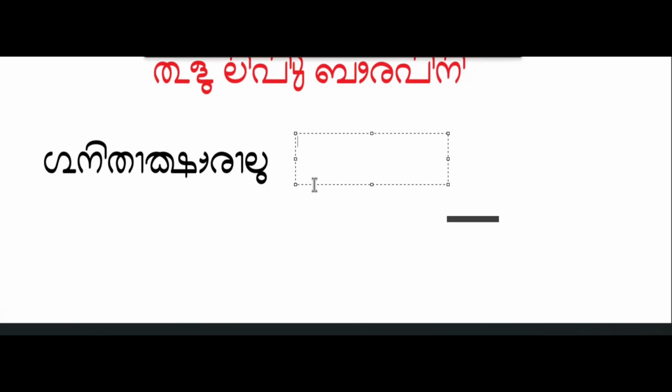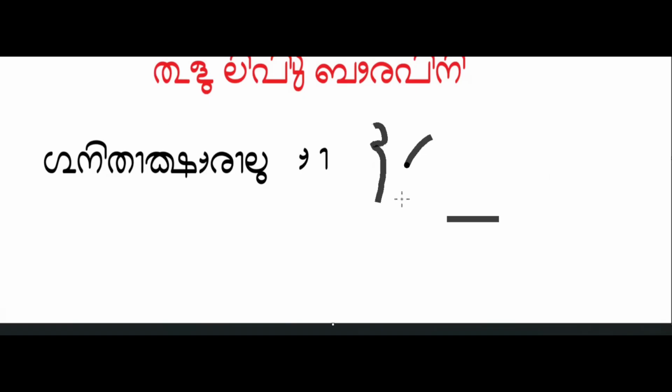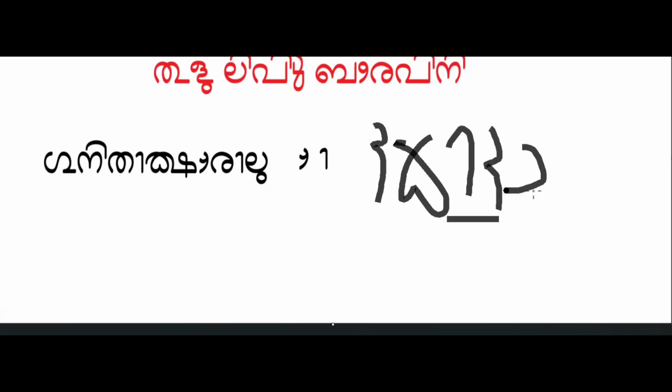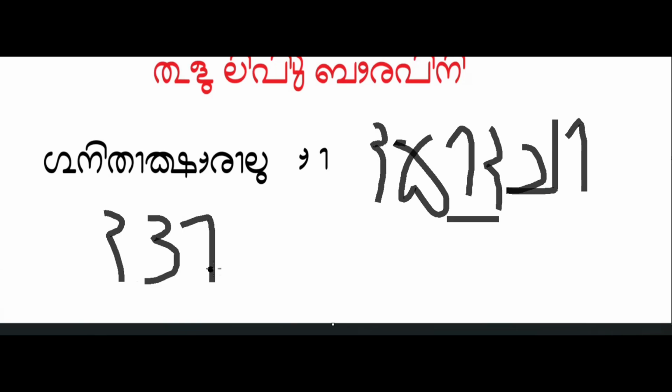Next, O means in front one symbol, and after the letter, this symbol. So in the middle you have to put the letter. Ko, so, to, like this.